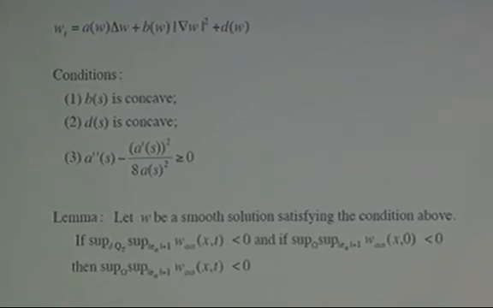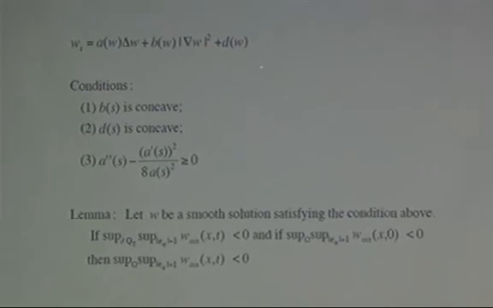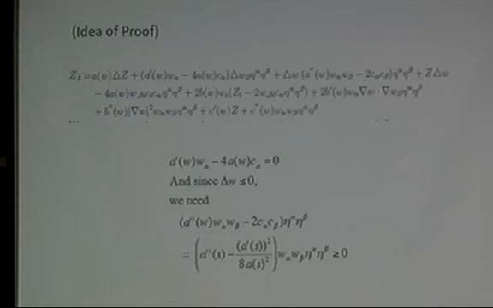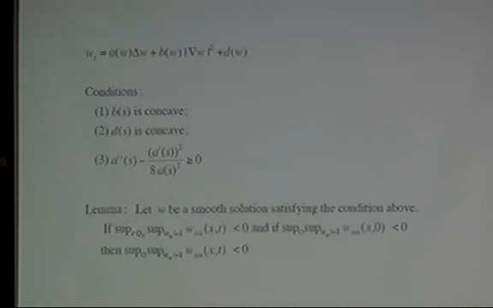Let's say your W has this form, then I want to show W is concave. Then each one will have certain structure conditions. These two structure conditions are pretty easy because if you take the second differentials and you want to make it negative, that's why I make it concave.